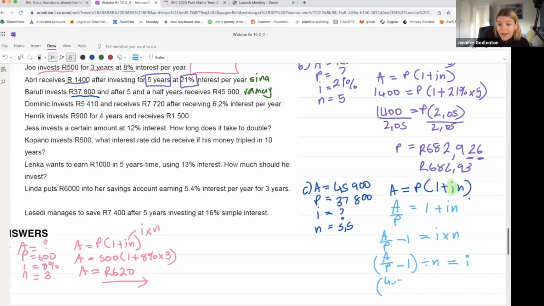So 45900 over 37800 minus 1 divided by 5.5. And if you pop that into your calculator, let me know what you get for I. You should get around 3.9, I think.